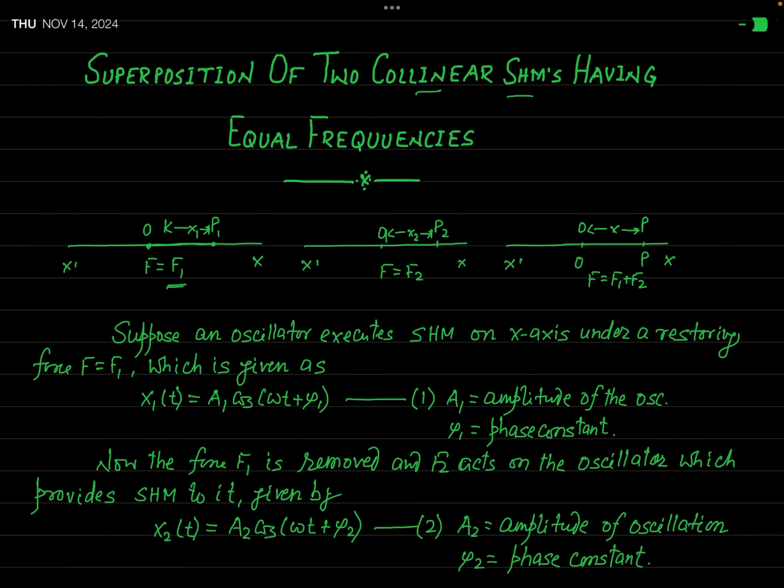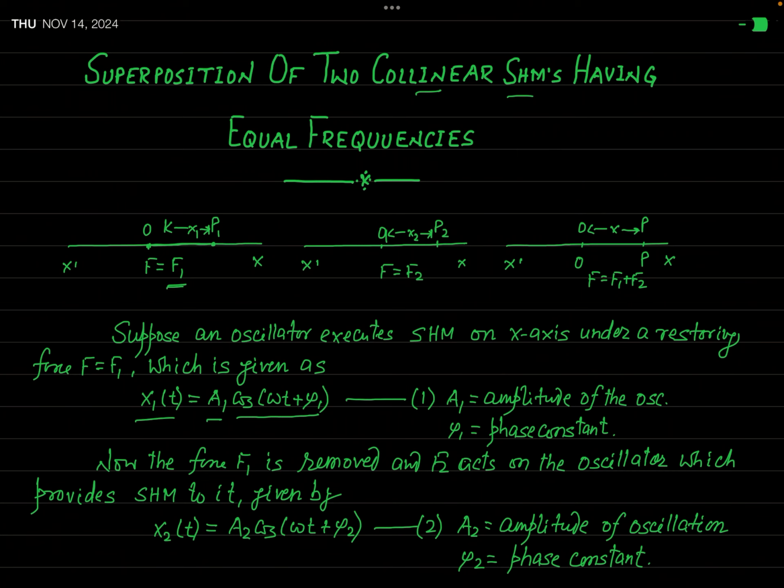So if you want to describe this simple harmonic motion, what will be the solution of the equation of simple harmonic motion, or what will be the equation that represents this motion? You have learnt already in the first chapter that such a simple harmonic motion is expressed by the equation x1 of t equal to a1 times cosine of omega t plus phi 1.